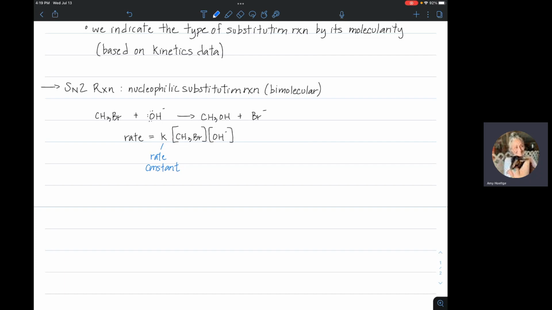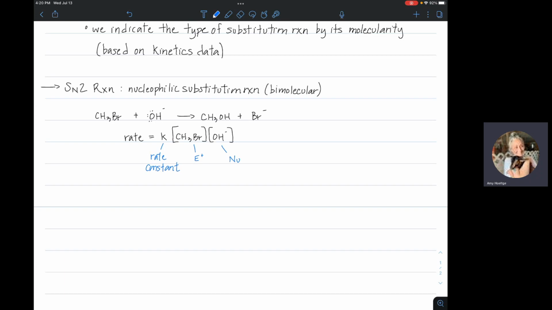And so therefore, the easier it is for the reactants to reach the transition state. In other words, the larger that K value is, the faster the reaction will be. This right here is going to be your electrophile. This will be your nucleophile.